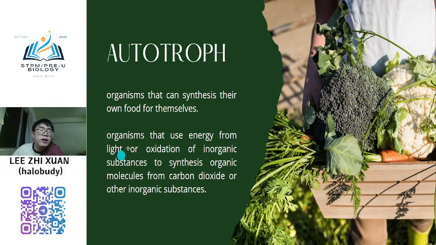Autotroph, the main characteristic is it either uses light energy or uses inorganic substance as energy sources to produce organic molecule from carbon dioxide or other inorganic substance. So this is the main point.